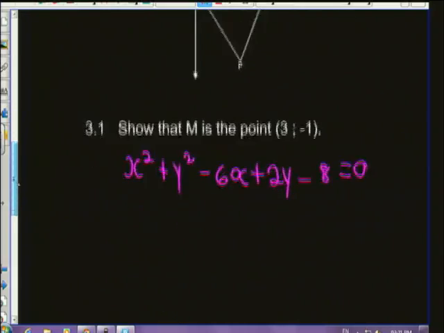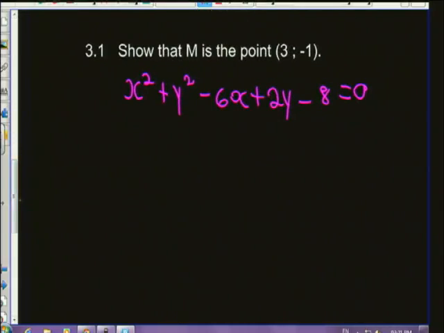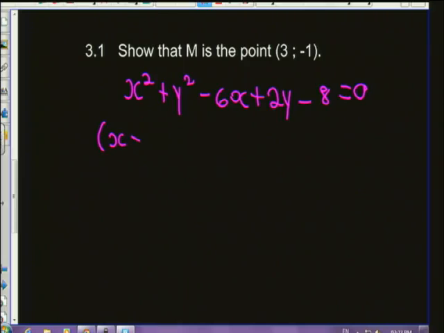Right. You've been taught how to work out the equation of a circle using the general formula. Remember, the general formula for a circle whose center is not at the origin will be (x minus a) all squared, plus (y minus b) all squared.